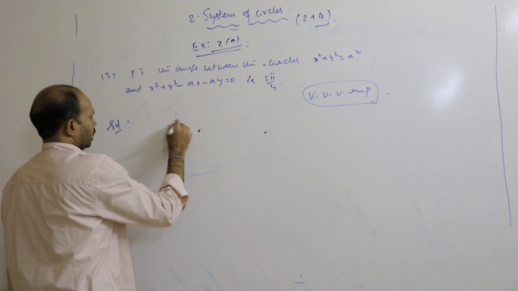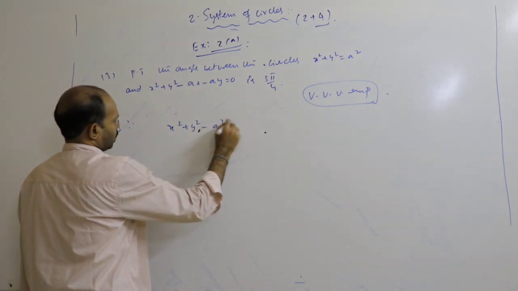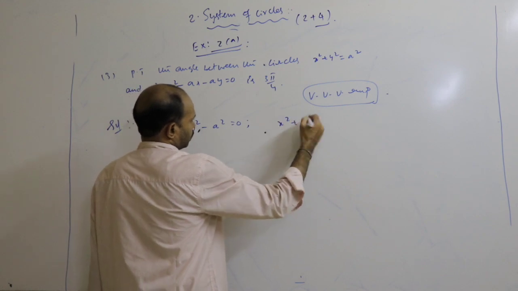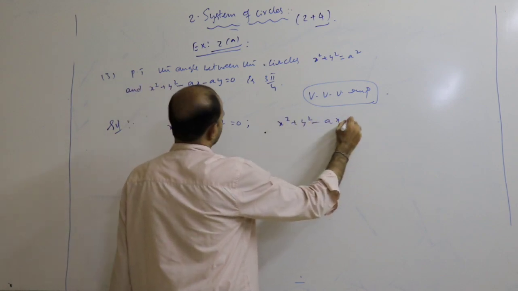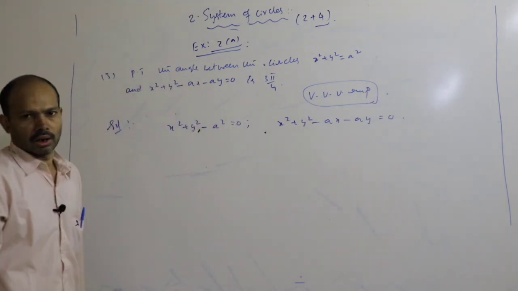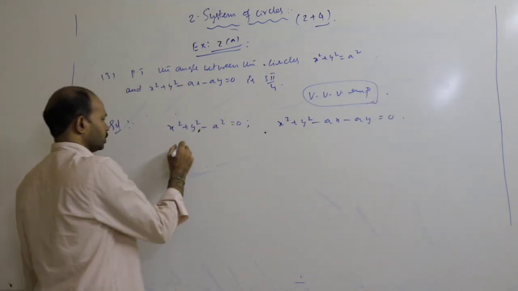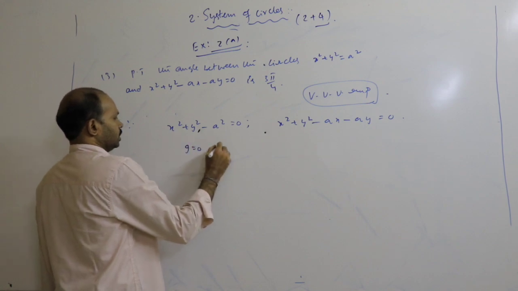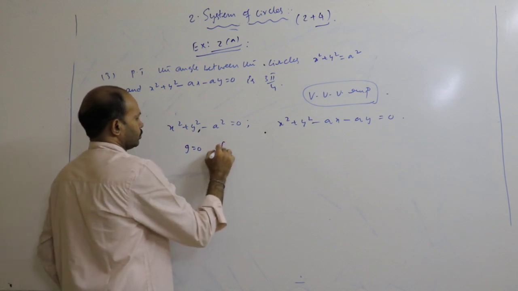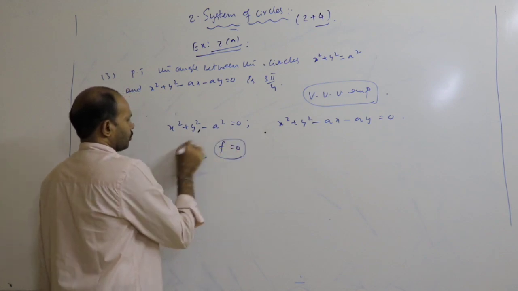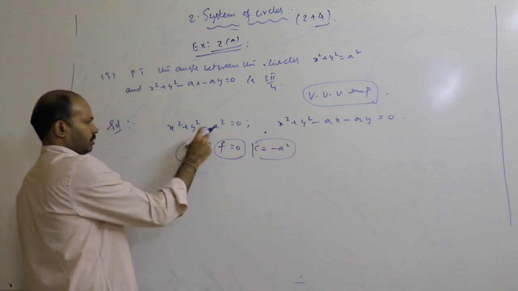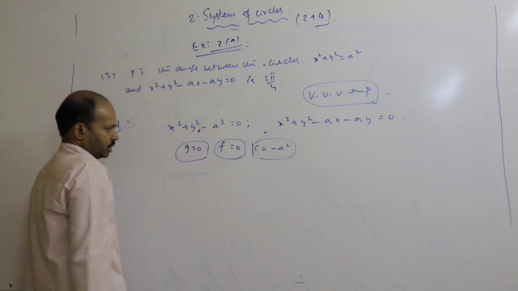What is the given first circle? x square plus y square minus a square is equal to 0. And the second circle, x square plus y square minus ax minus ay is equal to 0. On comparing with the general equations, g, f, c: there is no x term, y term, so g is equal to 0, f is equal to 0.